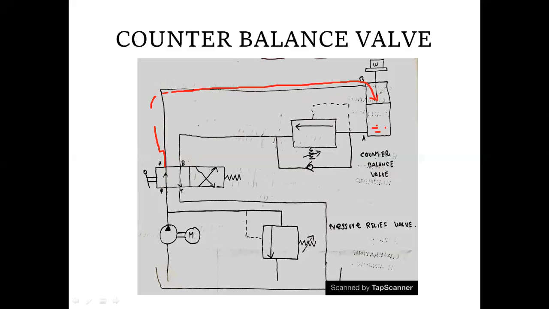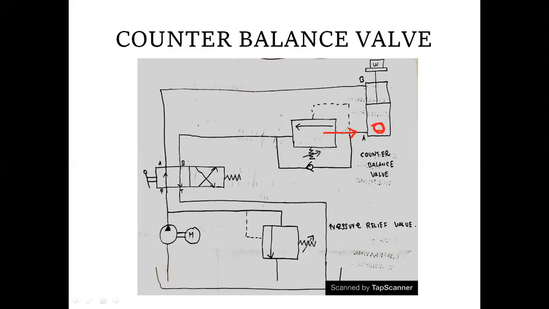So in order to stabilize this weight without damaging the cylinder, we are creating a pressure over here. This pressure is supplied from this counterbalance valve. For example, if the weight is coming down, normally before the weight comes down, the pressure is around 8 kilopascal.